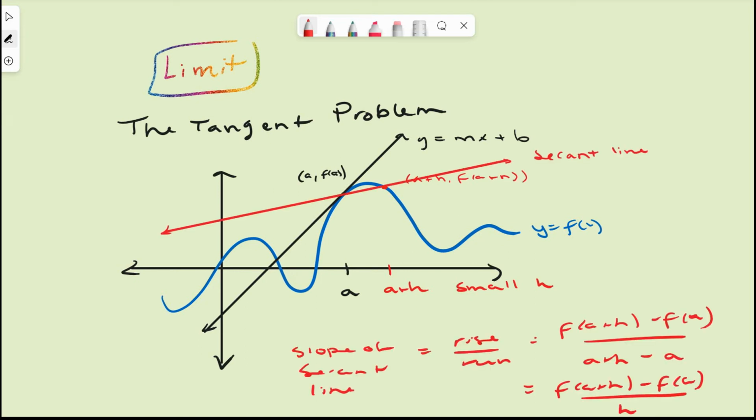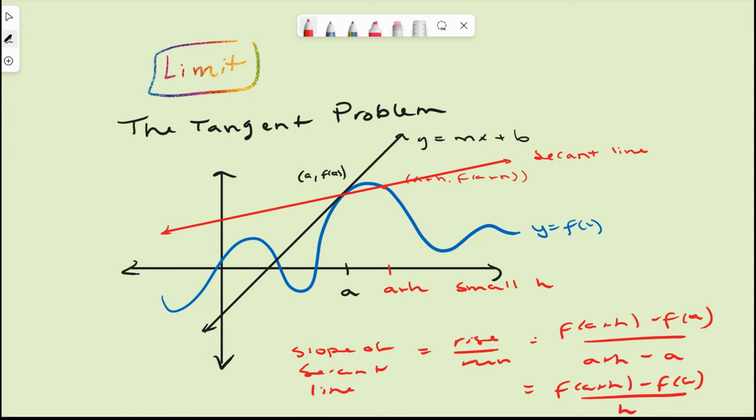The slope of this secant line is just rise over run, so that's f of a plus h minus f of a over h. The a cancels out in the denominator. But at least in this picture, maybe a plus h is not close enough, or h is not small enough, so this is not a good approximation. The slope of this red line is really nowhere near the slope of the black line.